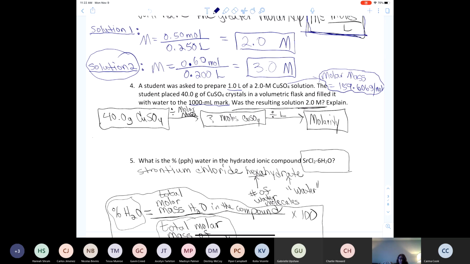Does everyone agree? So Ewan, you tell me whether or not you set it up the same way I'm setting up this problem. Was your molar mass of copper sulfate 159.6?